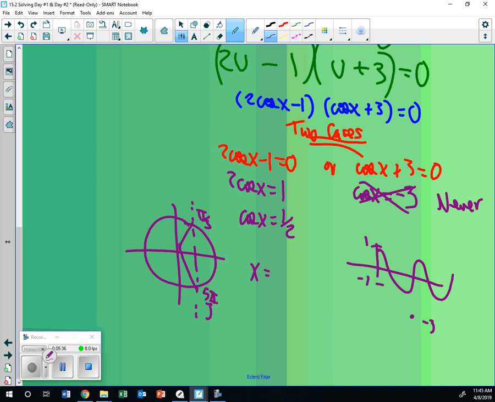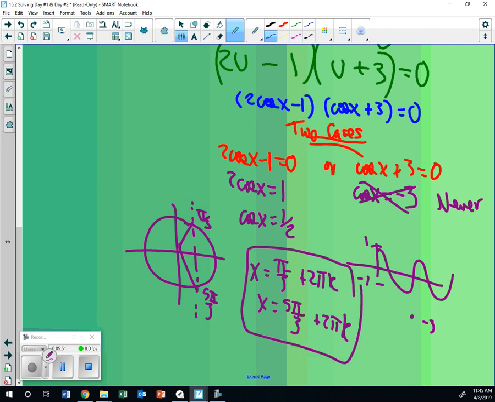So x is equal to pi over 3 plus 2 pi k, and 5 pi over 3 plus 2 pi k, where k is an element of the integers. These are all the answers in the universe. And if you were just looking for 0 to 2 pi, you just have to do that.